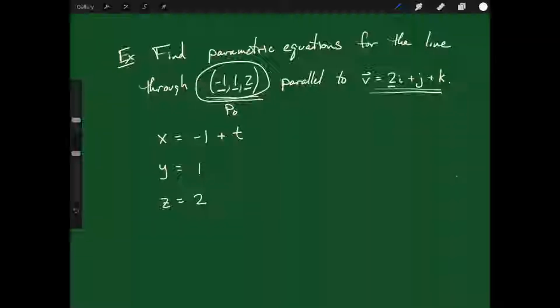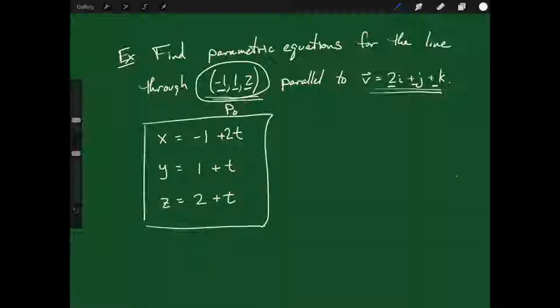Well, v sub 1 in this case is 2, so that's plus 2t, plus this is plus 1t, plus this is again plus 1t. So this would be a set of parametric equations for a line.